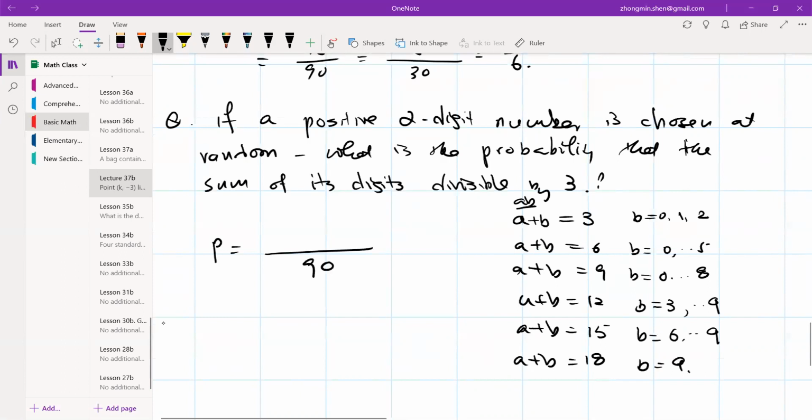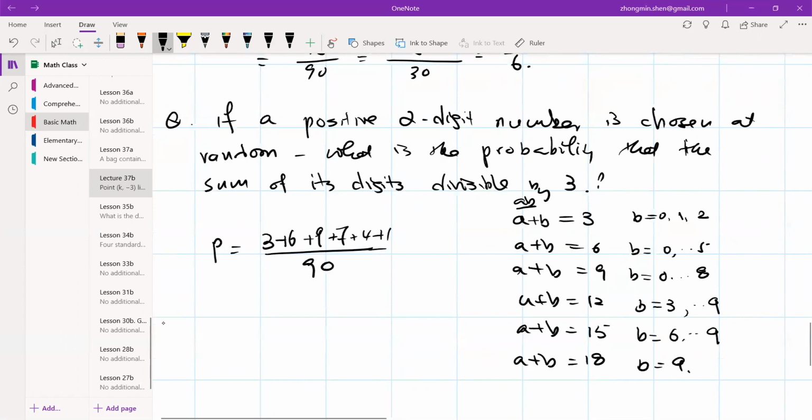In that case, A is 9. Okay? So you count all of them. Let's add them together. So this one, it'll be first with 3 plus 6 plus 9. From 3 to 9 is a 7. From 6 to 9, 6, 7, 8, 9 is a 4. And the 1. You see?